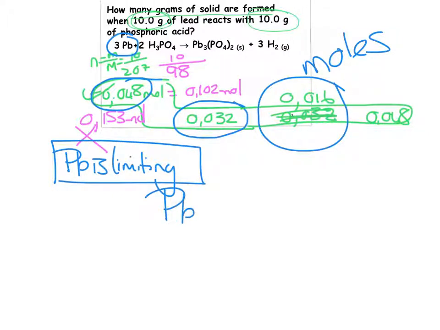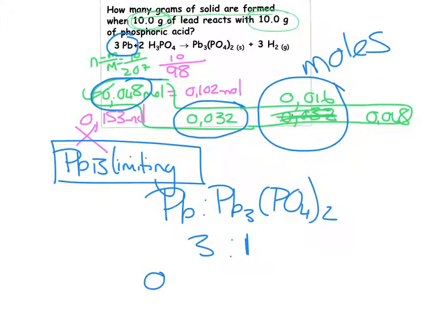So it was lead is to lead phosphate is the same as 3:1, and I don't have 3, I have 0,048, which means I have 0,016 moles of lead phosphate.